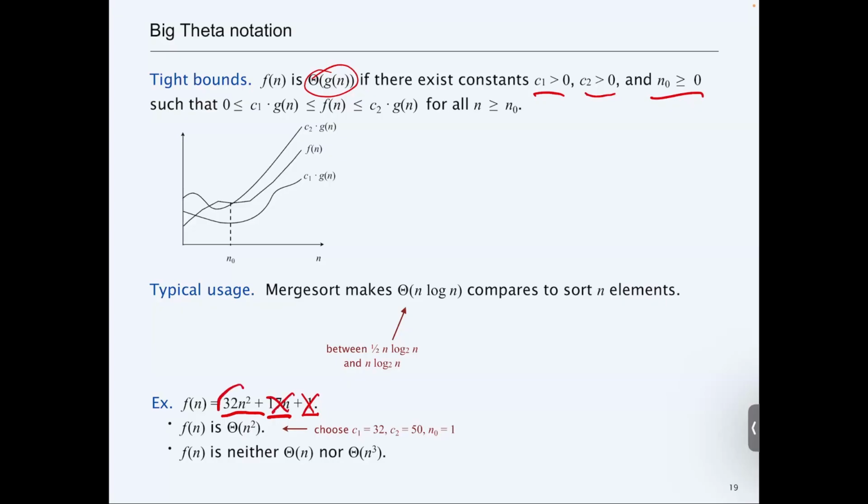The thing that really matters here is the 32n squared. But as we saw before, the 32 is just a scaling factor, so we can ignore the constant multiplier out front, and we have theta of n squared as the most precise asymptotic description for this particular formula.